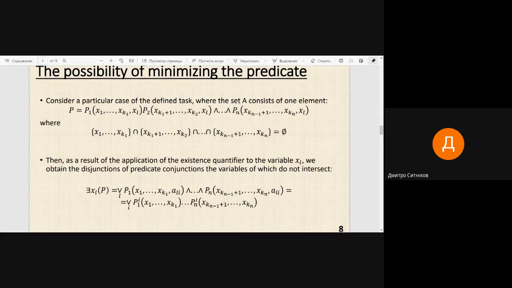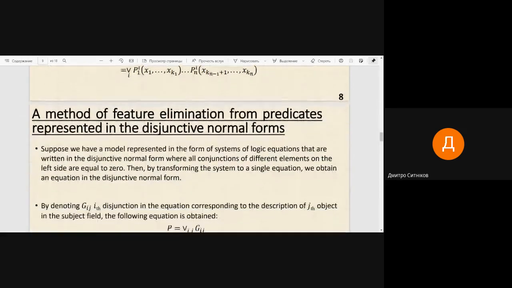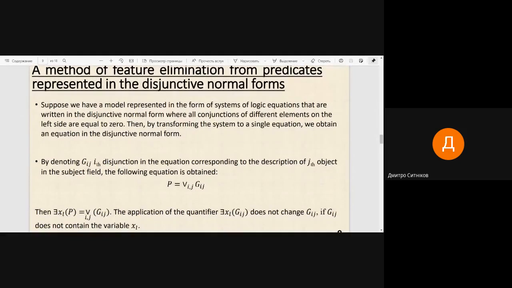Then, as a result of the application of the existence quantifier to the variable xl, we obtain the disjunction of predicate conjunctions, the variables of which do not intersect. Then we proceed with the methods for feature elimination from predicates represented in the disjunctive normal forms.